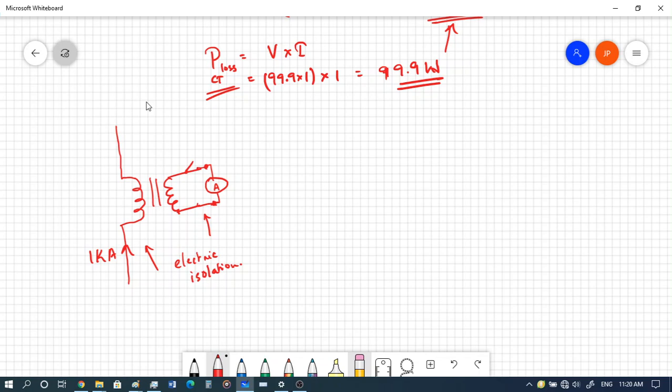So that is a huge advantage of having a CT, and you can measure the currents of any live wires using such a connection without even affecting the live wire.